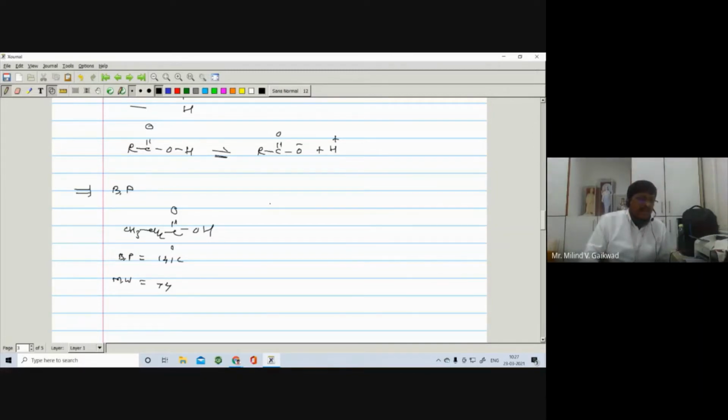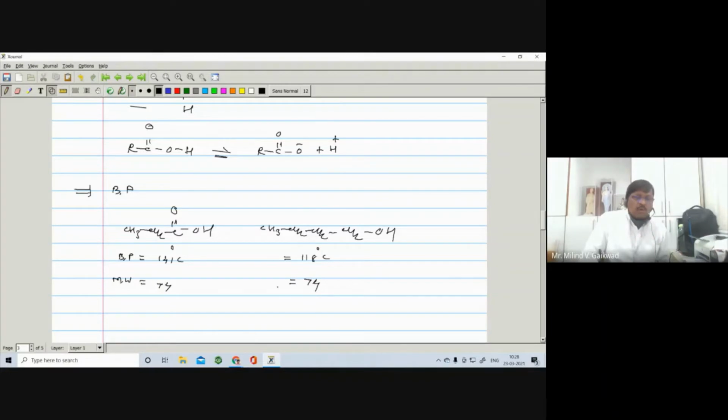If you take the corresponding alcohol, CH3, CH2, CH2, CH2 and OH, the boiling point is 118, and the molecular weight is 74. Both have the same molecular weight, but the boiling point of the carboxylic acid is more as compared to the alcohol.